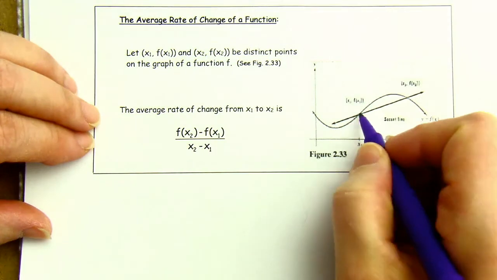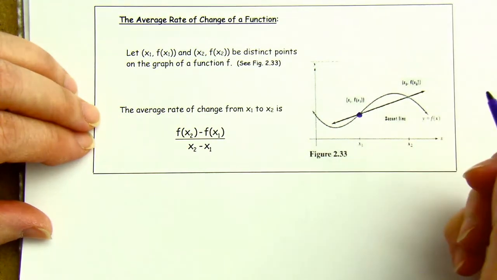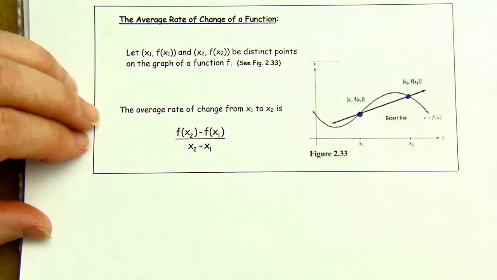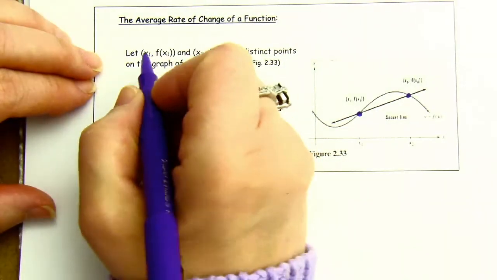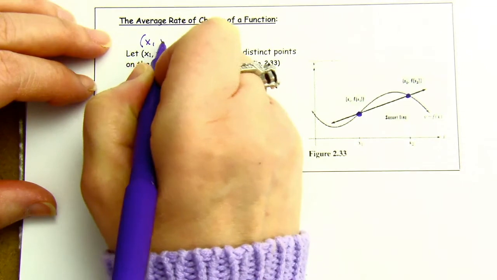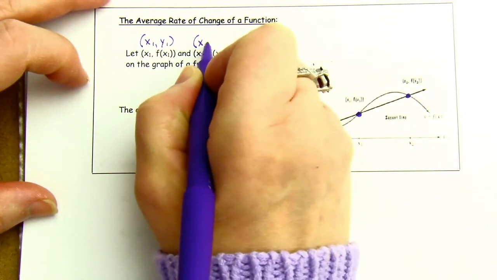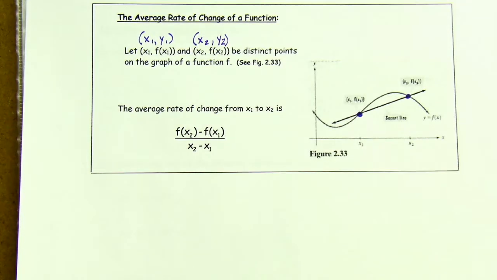This ordered pair right here would be x sub 1, f of x sub 1. And there's my x sub 2, f of x sub 2. Folks, these are just ordered pairs, x1, y1, in function notation. And this is x2, y2. And we can use those to find the slope.